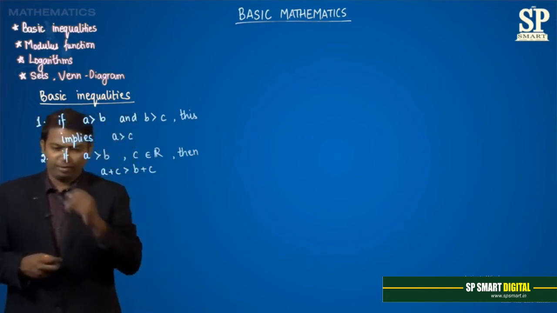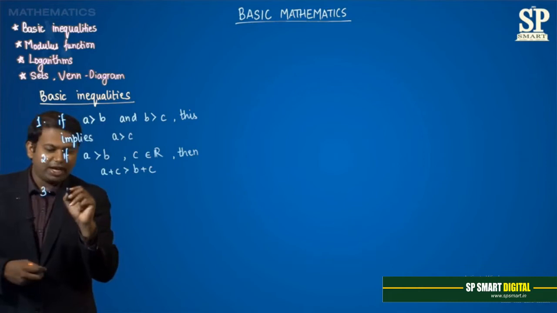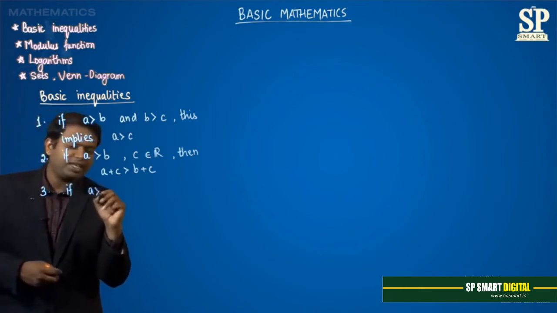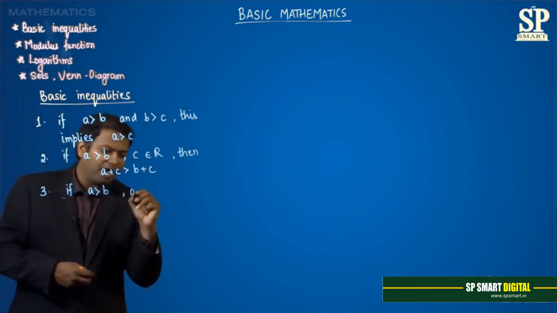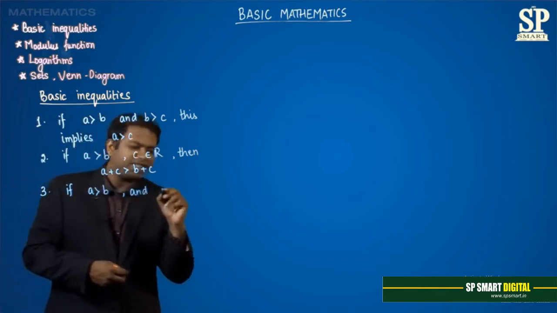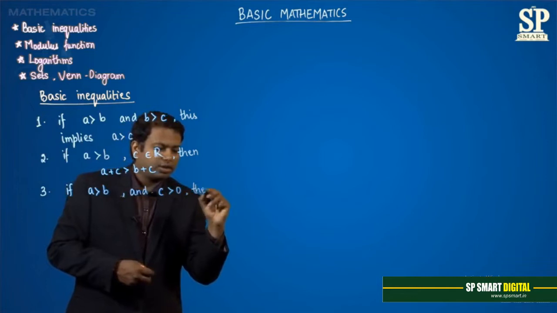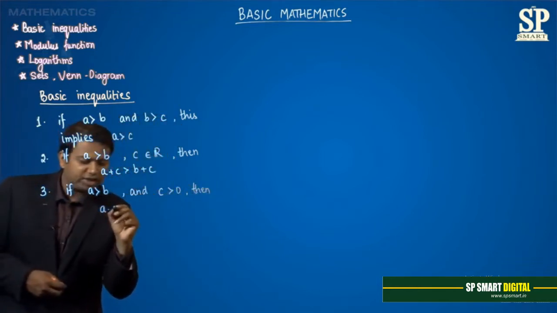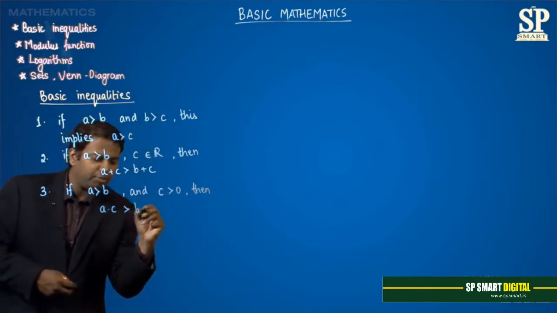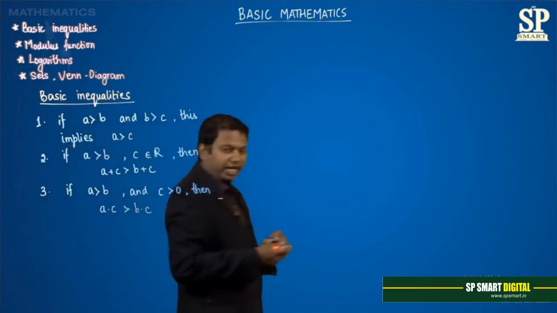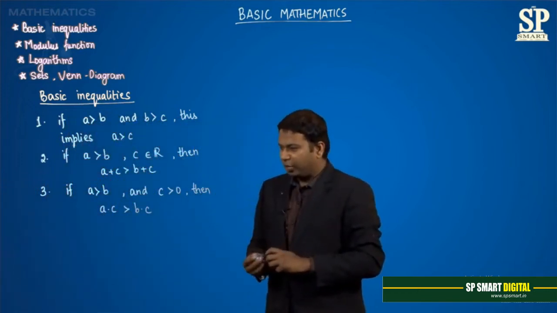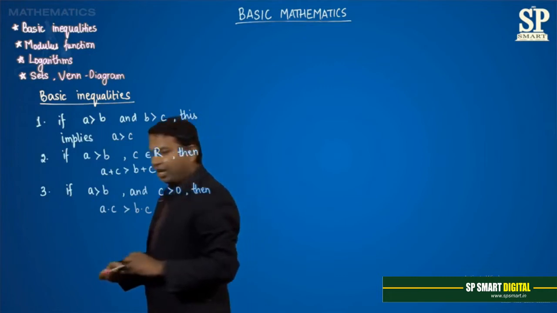Now the third is, if A is greater than B and there is a number C greater than 0, then A into C will be greater than B into C. Clearly, you would understand this, let me explain here a bit.